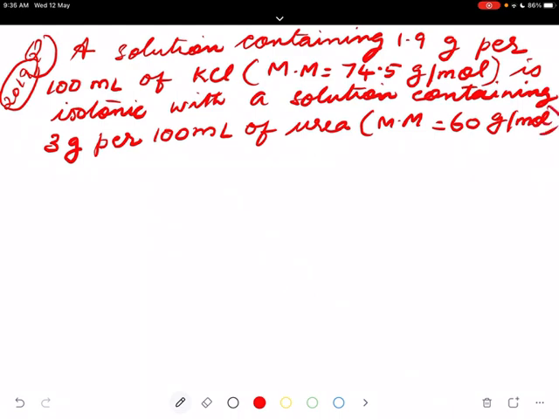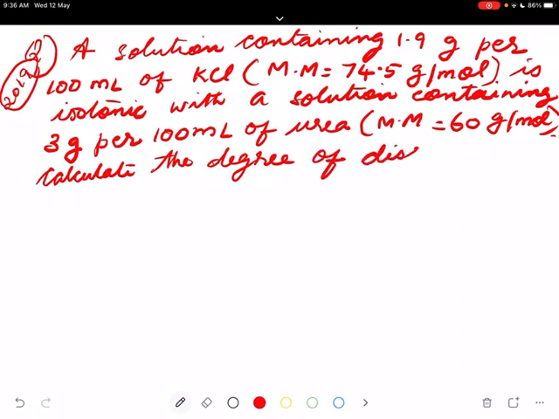Calculate the degree of dissociation. What is degree of dissociation? Degree of dissociation is alpha.